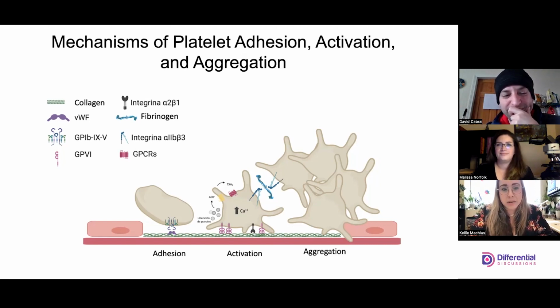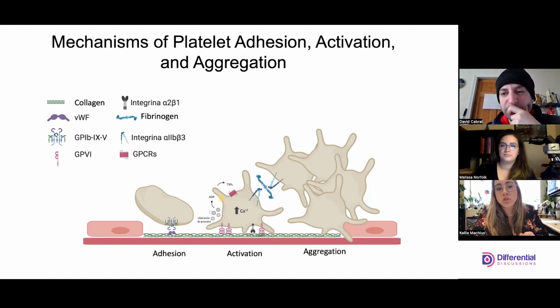And then they're going to stay here until they are basically done their job, and then they're going to get cleared. No platelet is going to stay in circulation once it's been activated and degranulated, even if it's not at the wound site. As soon as your platelets have been triggered, they are cleared.